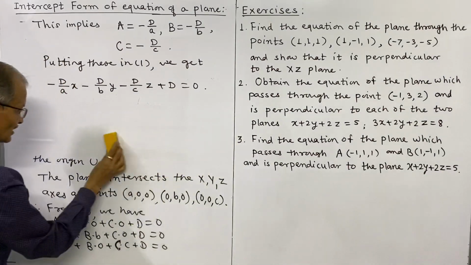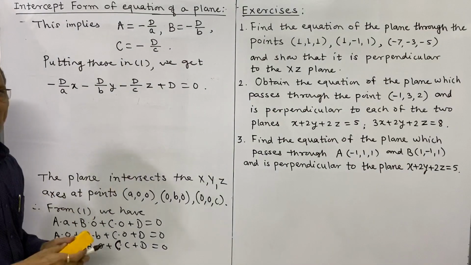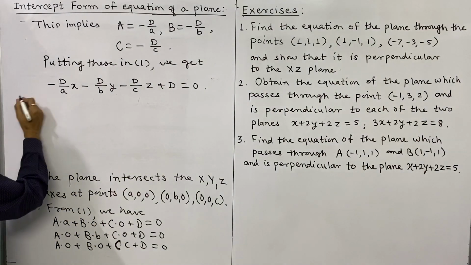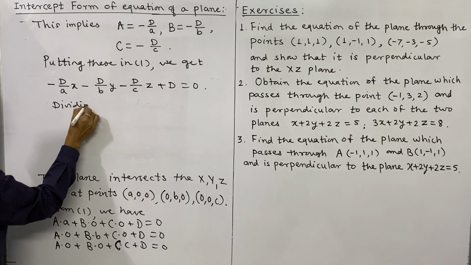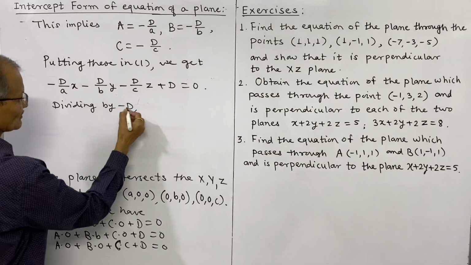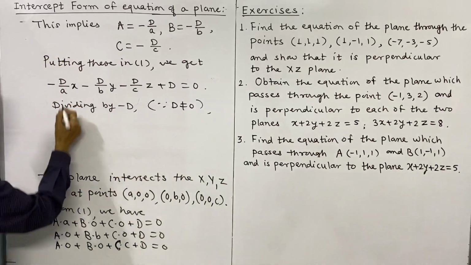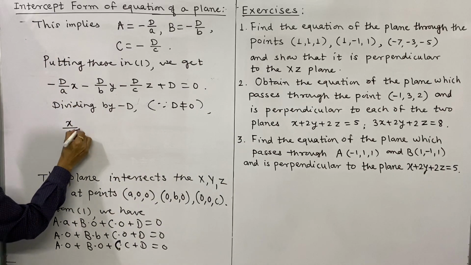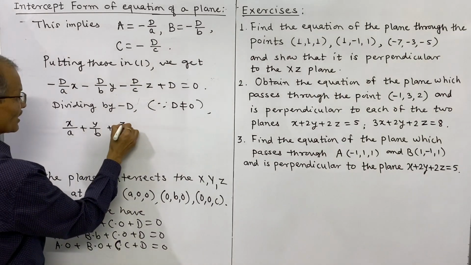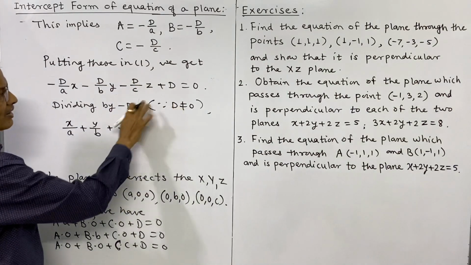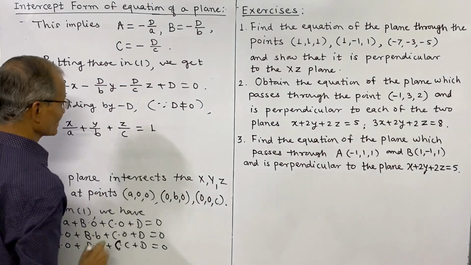Now we can simplify this equation, and here we have written d is not 0, so we can divide throughout by minus d. Dividing by minus d, since d is not 0, we will get x upon a plus y upon b plus z upon c, and d divided by minus d is minus 1, and that minus 1 I shall write on the right side as plus 1.